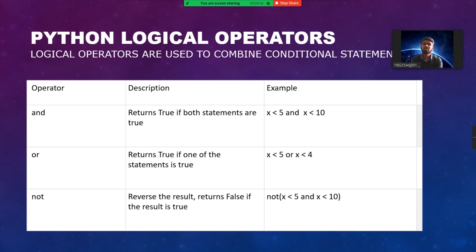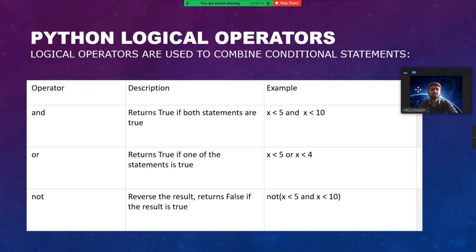These logical operators are used to combine conditional statements: the and operation, the or operation, and the not operation. The and operation returns true if both statements are true.